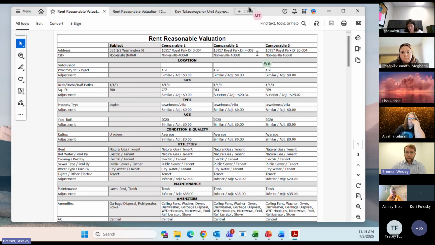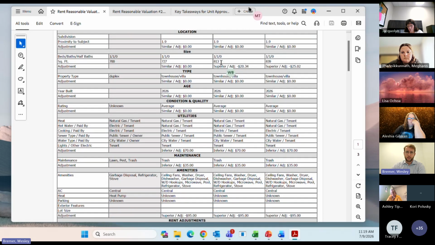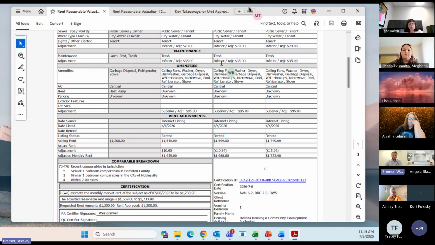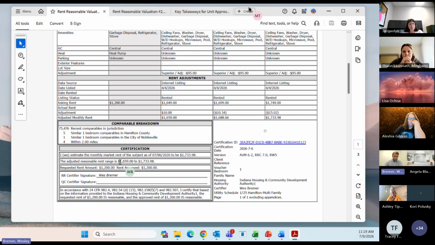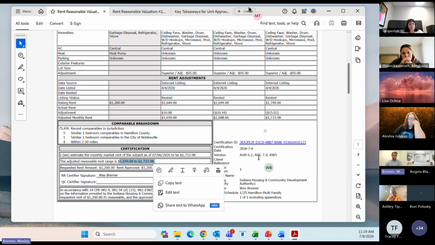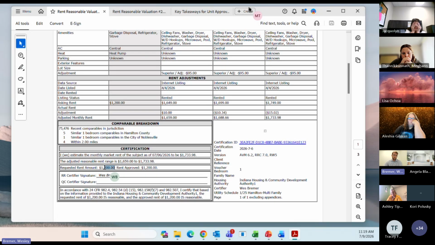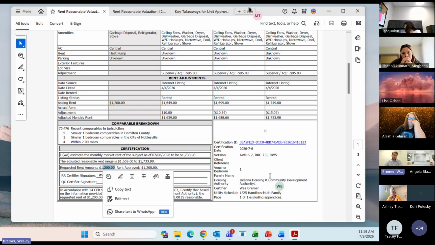So I knew, with my knowledge of this suburb, that these weren't very good comparables. And so you can see that down here, I got a very inflated rent reasonable range: $1,659 to over $1,700. And my gross rent is $1,200 per month.